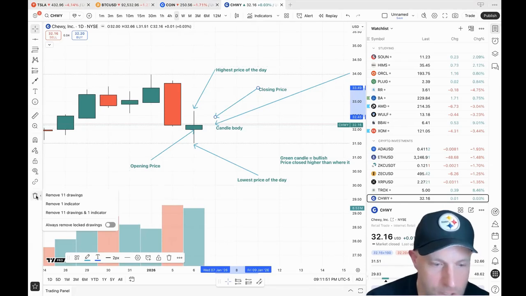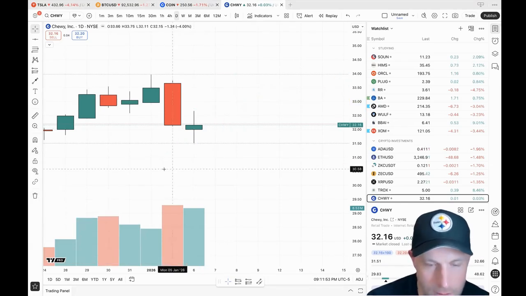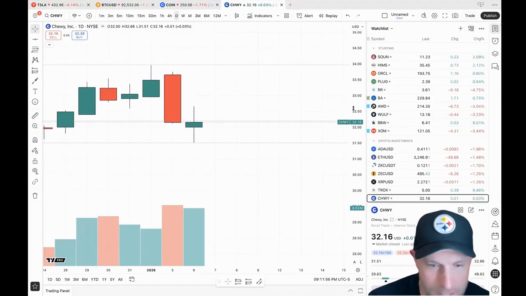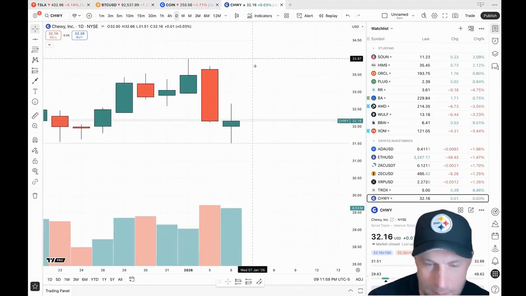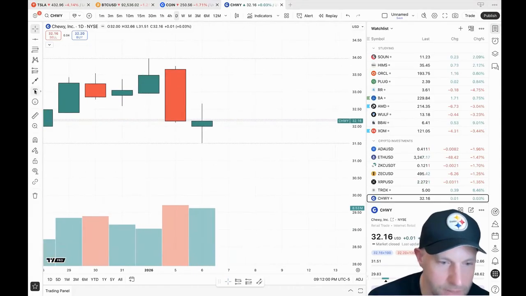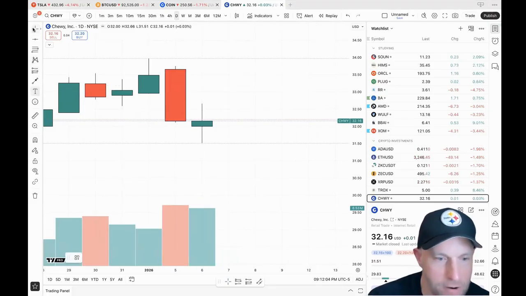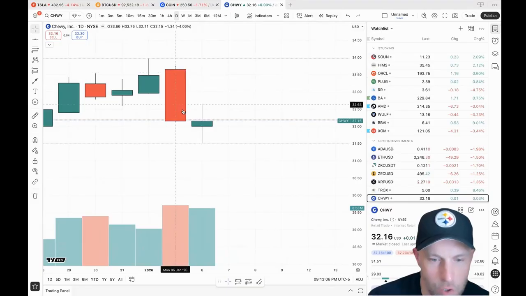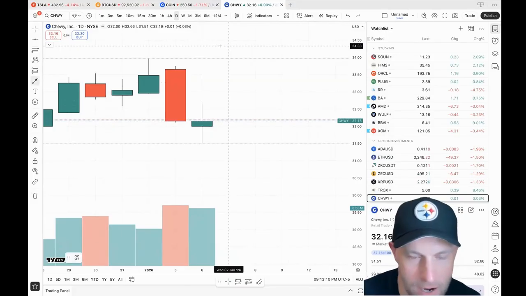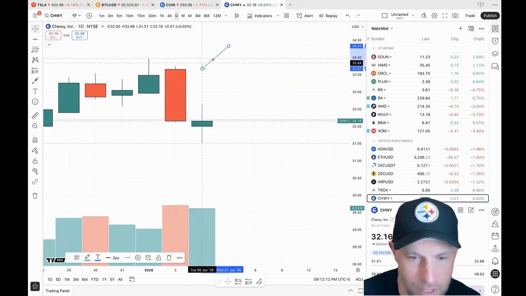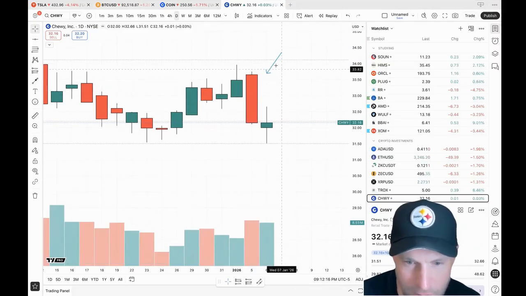All right. So those are our bullish candles. Now, for a bearish candle, it's just going to be the same type of concept. But the difference here is that a bearish candle is going to close lower than it opened. All right. So here, we're looking at this big, massive bearish engulfing candle.